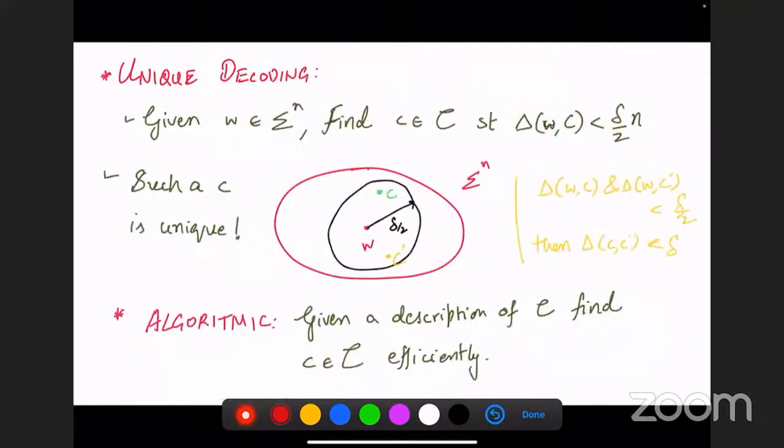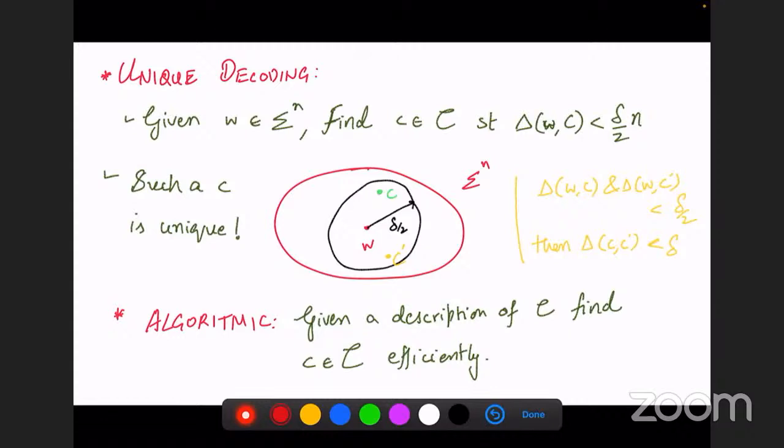So what is one of the central problems in decoding codes, that is, unique decoding. Suppose we have our code script C, and we are given a word W in sigma to the n.